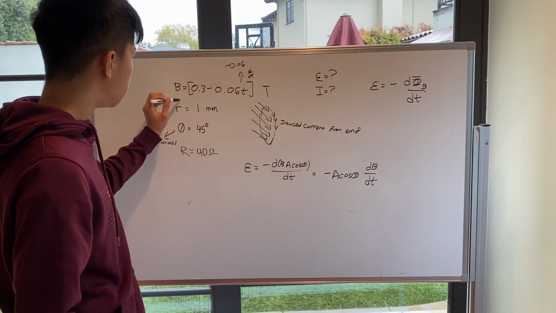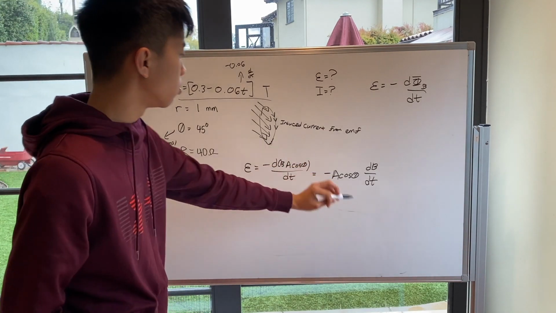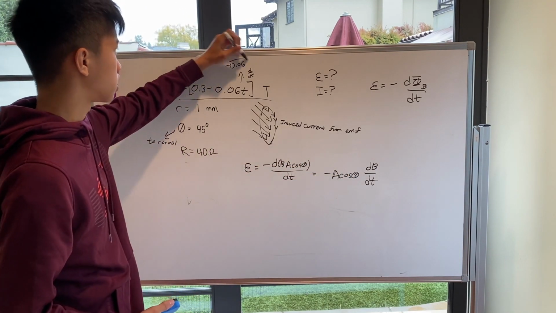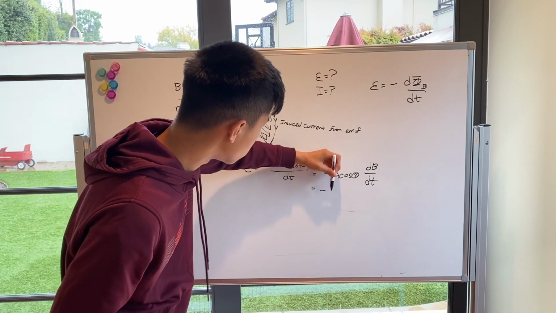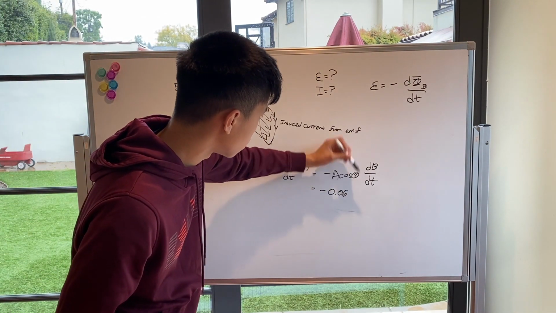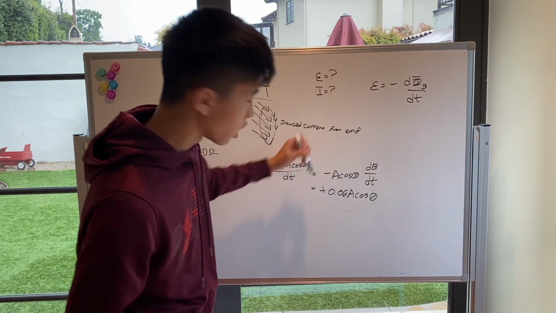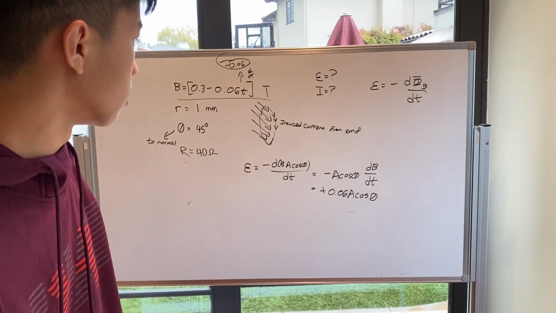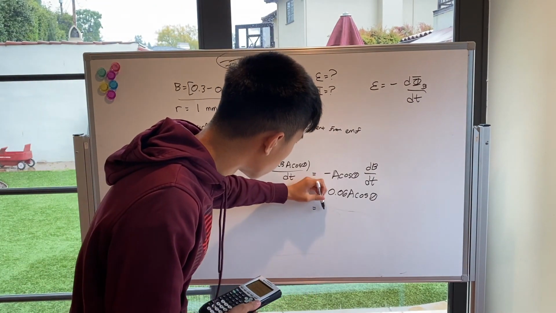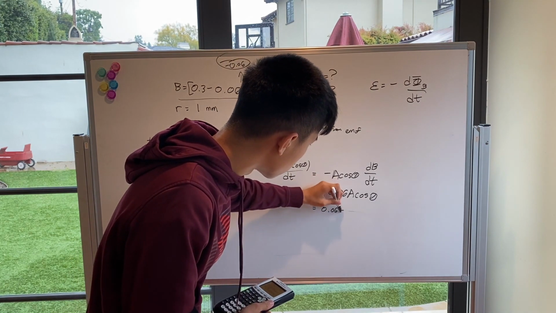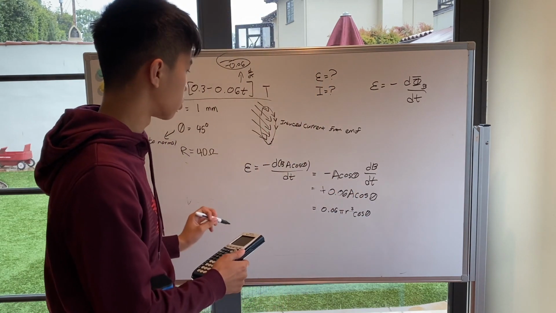But we know that B is a decreasing function, so we can find the derivative of B, which is just negative 0.06. So this is equal to negative 0.06 A cosine theta. But then remember, it's positive because of the negative sign. And then A is equal to pi r squared, because it's a circle.